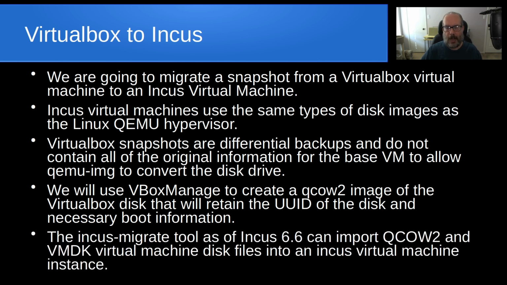And the Incus Migrate tool, as of version 6.6, is able to import both QCOW2 images and VMDK virtual machine disk files into an Incus virtual machine instance. And prior to that, Incus-Migrate could only move raw images. So let's go see how to migrate a VirtualBox virtual machine to an Incus virtual machine.